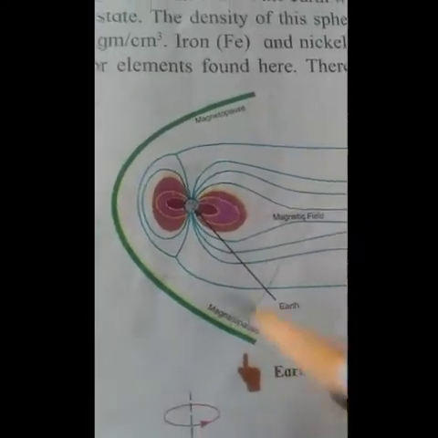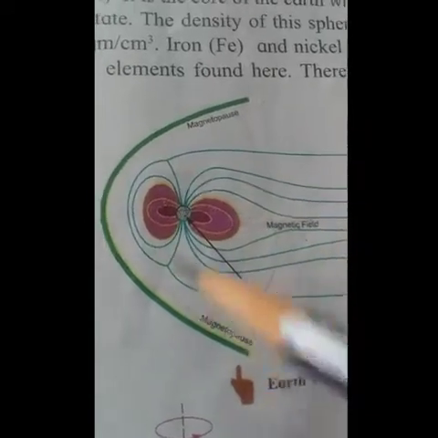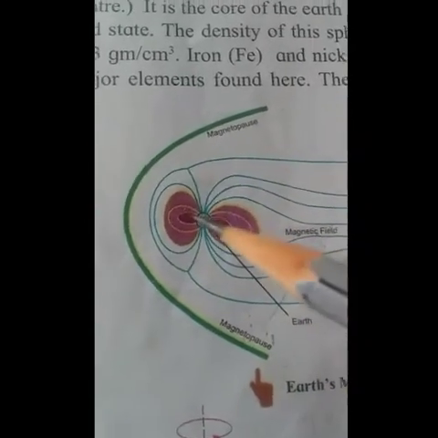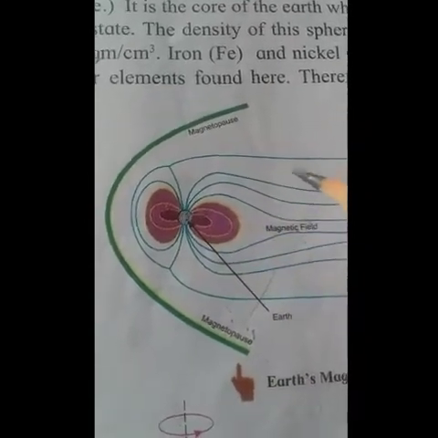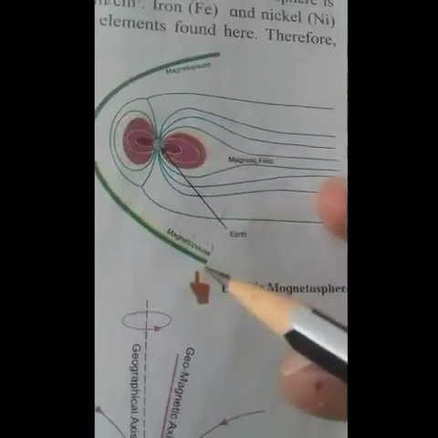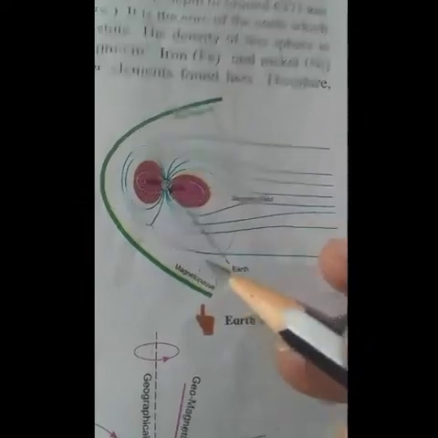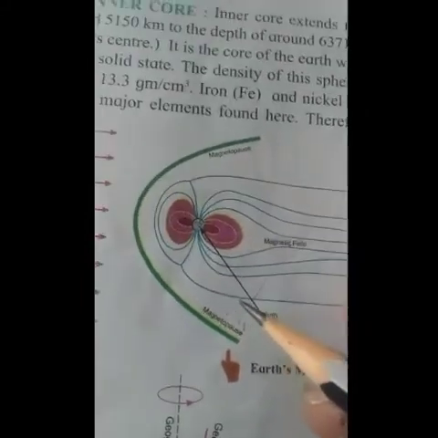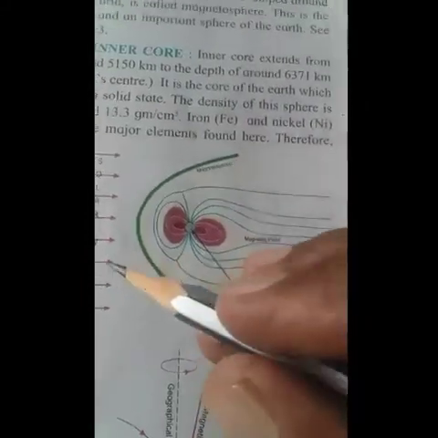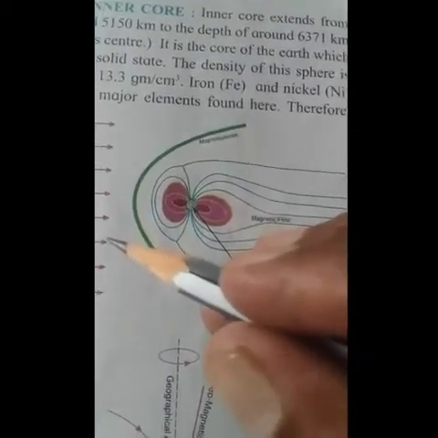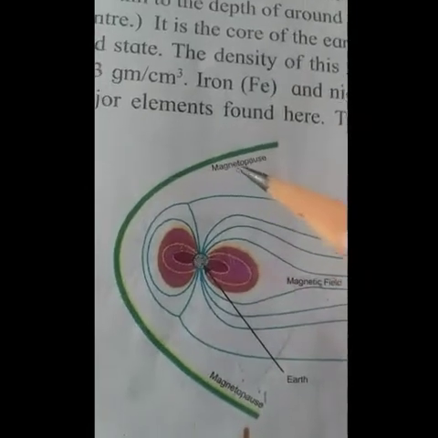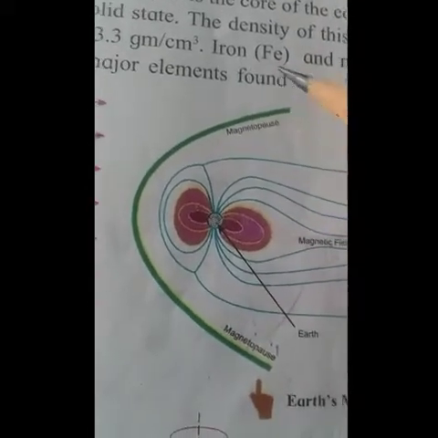Magnetosphere is the fifth and important sphere of the Earth. And this is the fifth important sphere after atmosphere, hydrosphere, biosphere and lithosphere.